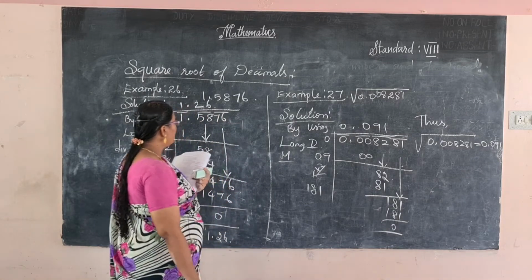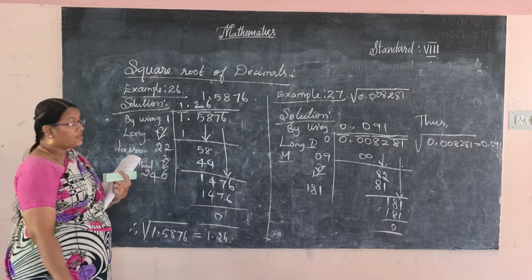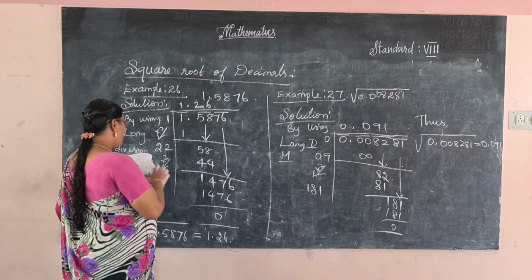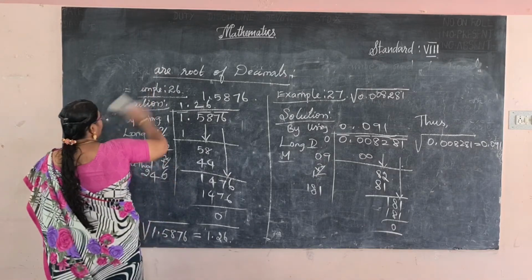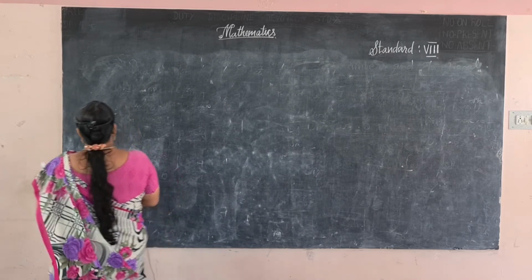I hope you have understood this concept, the square root of decimals. Now we move to approximate square roots. See the example.